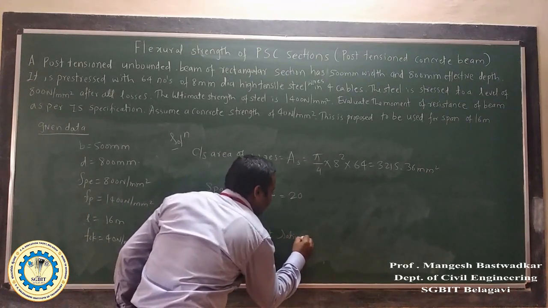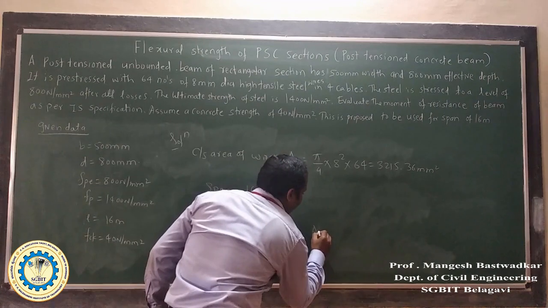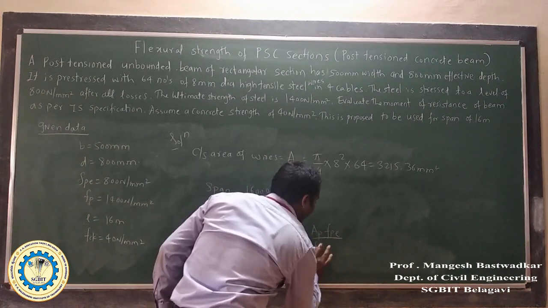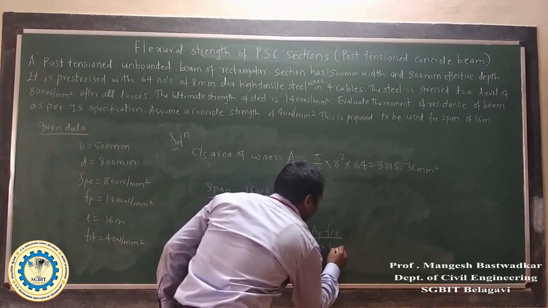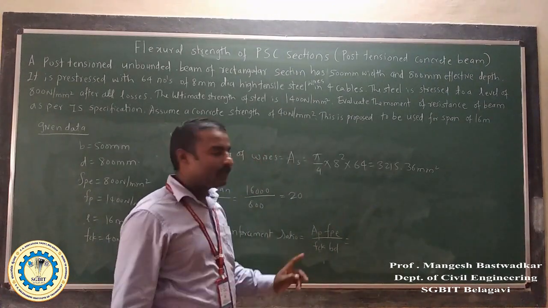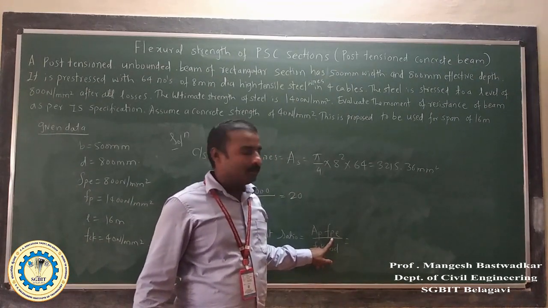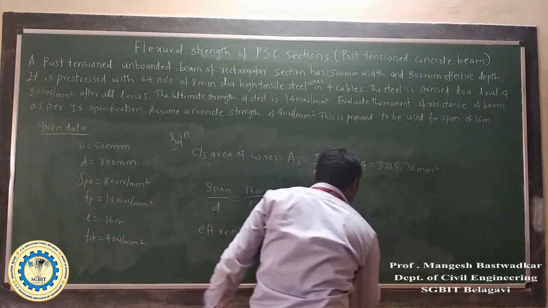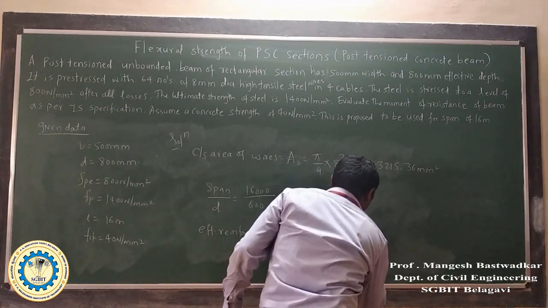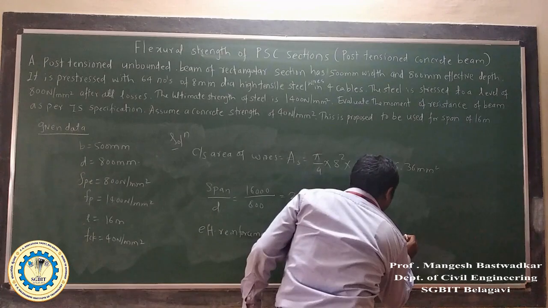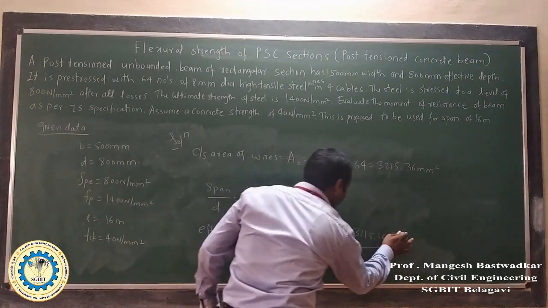Now we have to calculate the effective reinforcement ratio. So that is APFP divided by FCK into BD. So here in the post tension beam we have to take effective pre-stress. So AP is 3215.36. FP is 800, that is effective pre-stress.